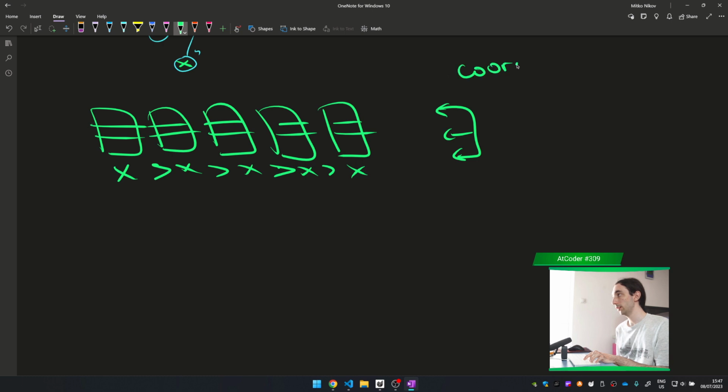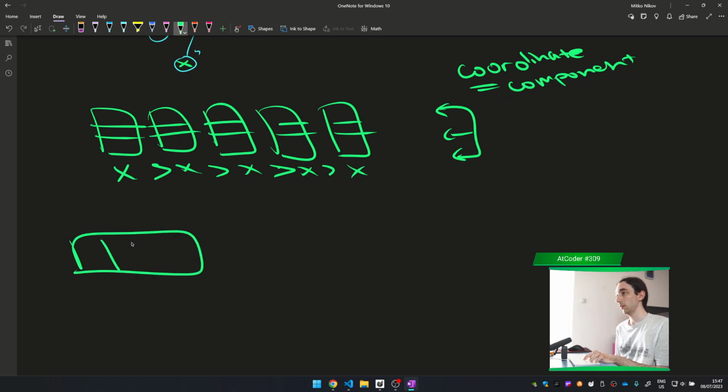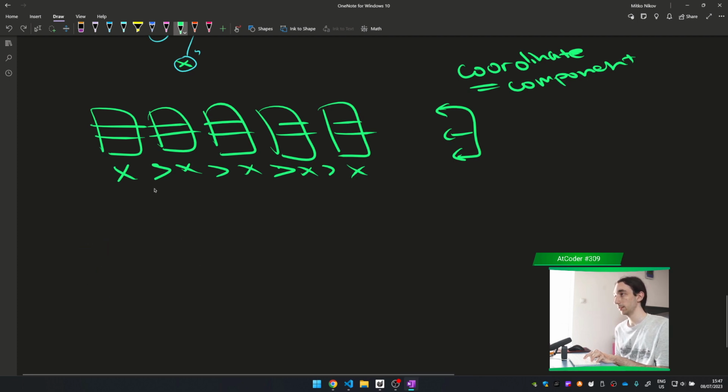Each coordinate, I will actually call a component, because these can be thought of as vectors. So this guy here is some component, but okay, it doesn't really matter. What matters is that because they are sorted, each next point is sorted by x, so this is smaller than whatever the previous was.